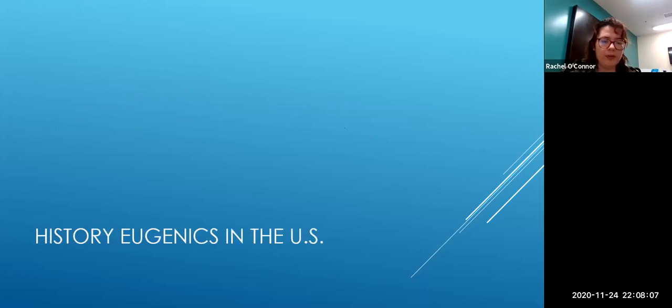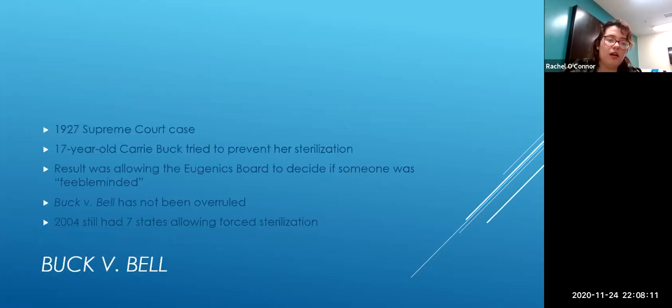So we're going to talk a little bit about the history of eugenics in the United States. To begin, we're going to start with Buck versus Bell, a 1927 Supreme Court case. Carrie Buck was going to be sterilized, and eugenics boards were boards of doctors that decided whether or not a person was going to be sterilized.